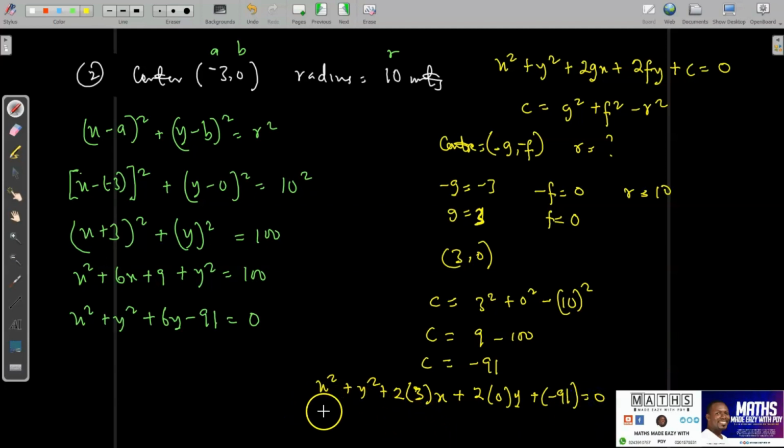Simplifying, you end up getting x squared plus y squared plus 6x plus 0y minus 91, all equal to 0. So you realize that whatever we have here is the same as what we have up here.